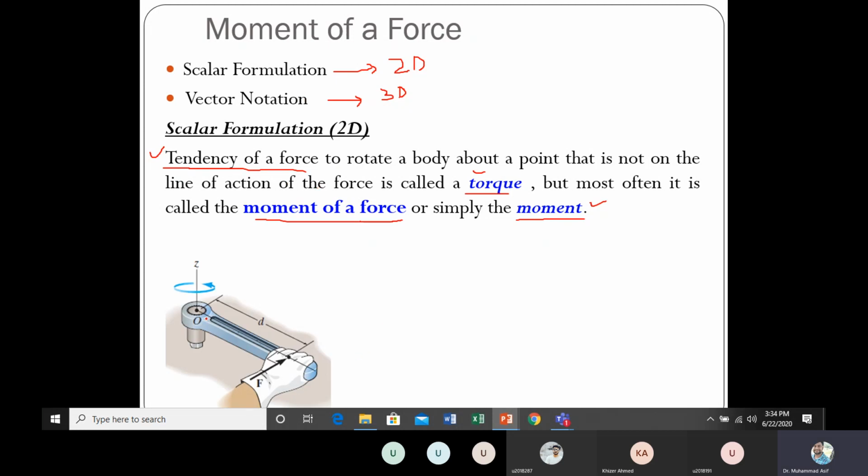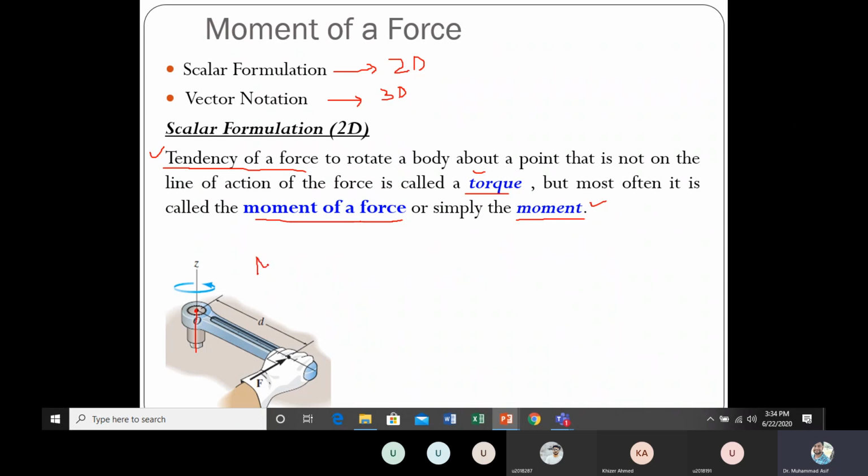For example, this is a ratchet, and let's say someone applies a force that is trying to rotate that body about this axis, or about point O. So that is the moment of this force.